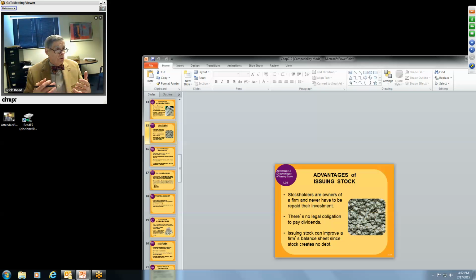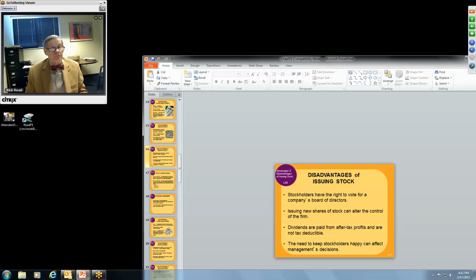So, if a company is issuing stock, but let's say the majority owners own 55% of the company, if it issues more stock or more stock is bought on the open market, then their percent of ownership could be reduced. And of course, as you get more and more people owning stock and a greater percentage of stock, they can cause some problems. And that's what we come to here.